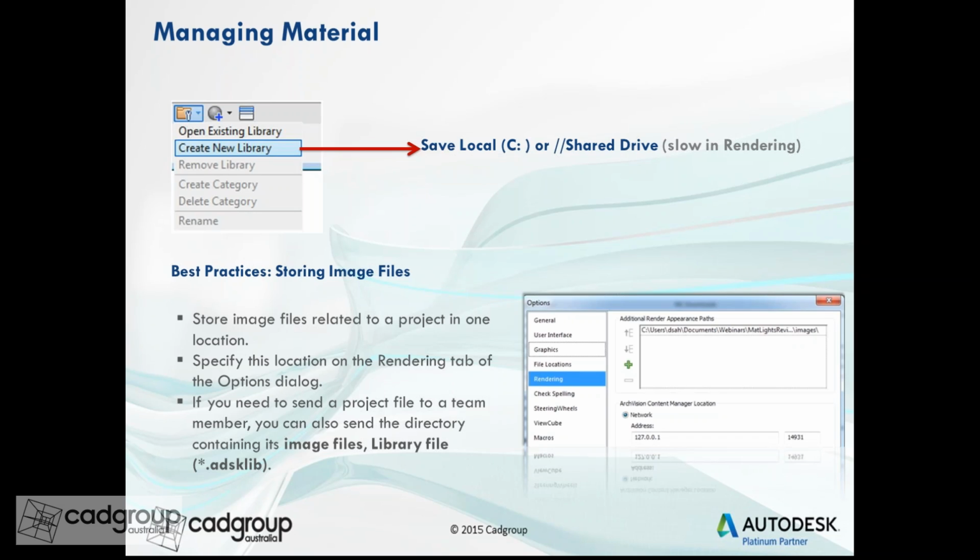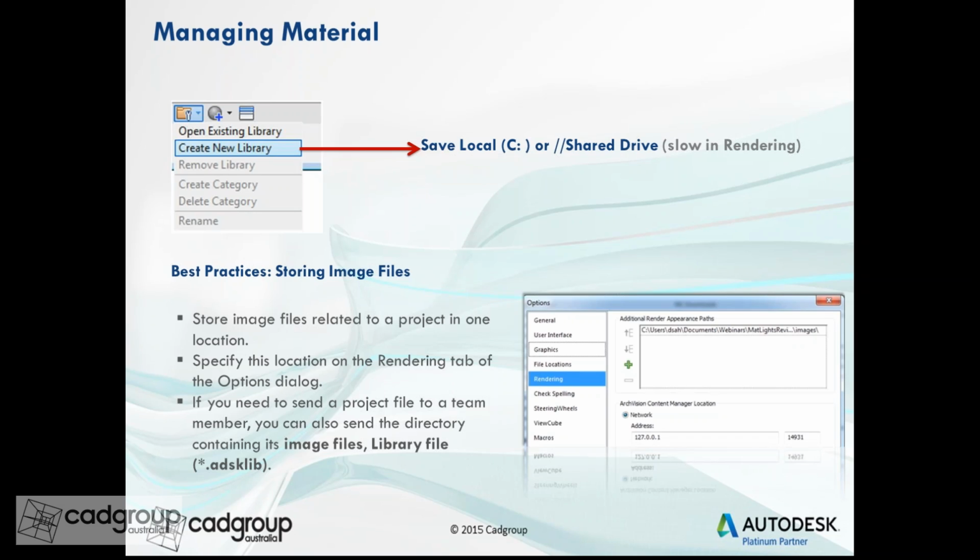As I've mentioned, store most image files in one location, for example inside your C drive or My Documents. If you are changing computers, you can easily move a single folder, which may have subfolders you can organize as you wish, to another computer, and just add it inside the rendering options under Options, where you have something called Additional Render Appearance Path.